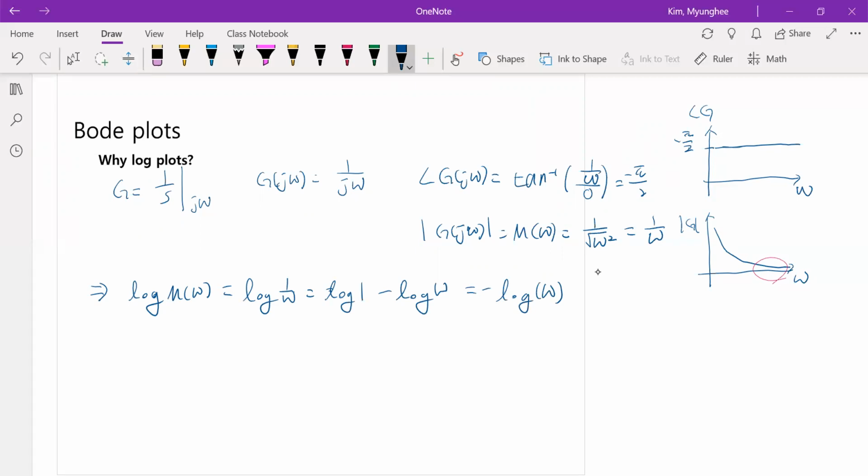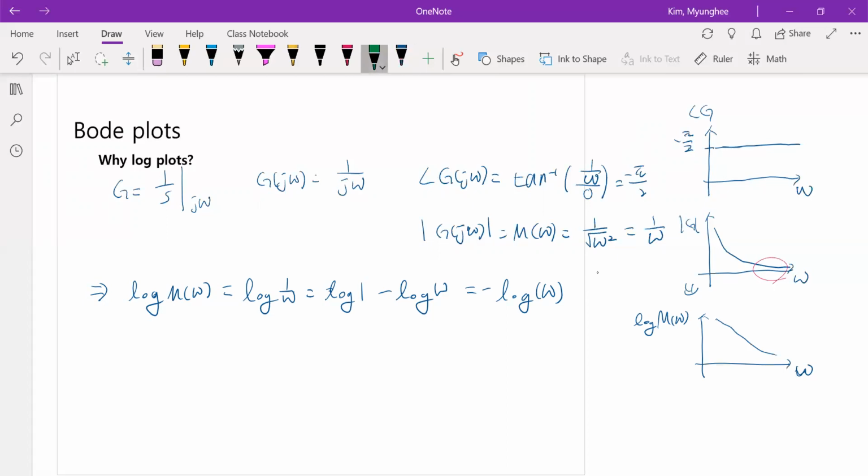So what it becomes now is a simple linear line. So this is much easier to draw and interpret the system, even to identify system ID.